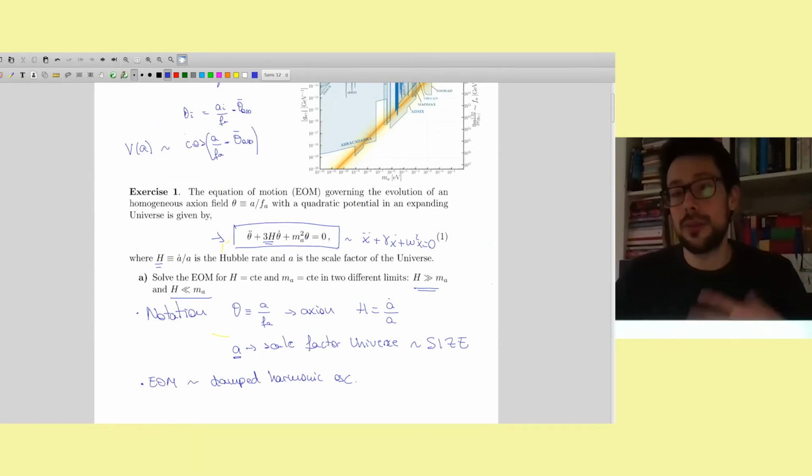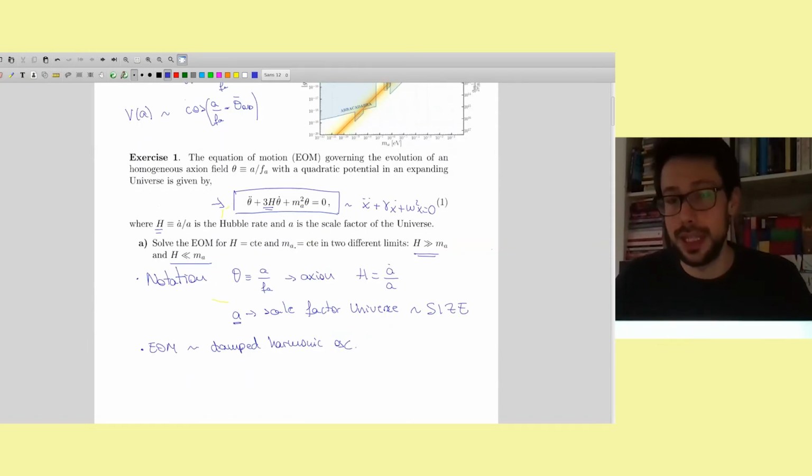However, this is not a realistic case, because for the QCD axion and in the Friedmann-Robertson-Walker cosmology, both things vary with time. Both the Hubble parameter and the mass of the axion will evolve in time. This is why this solution is not completely correct, but it tells us the qualitative behavior of the axion.